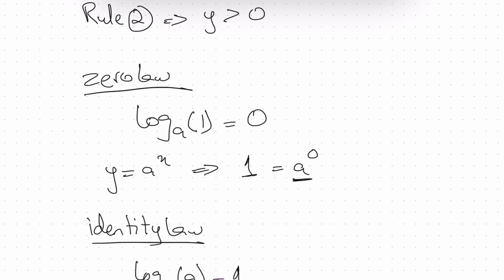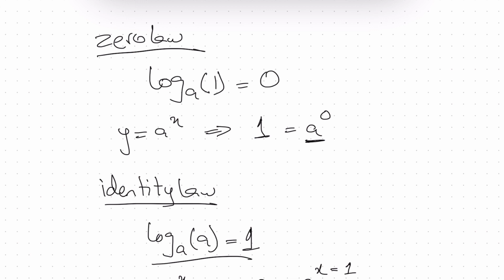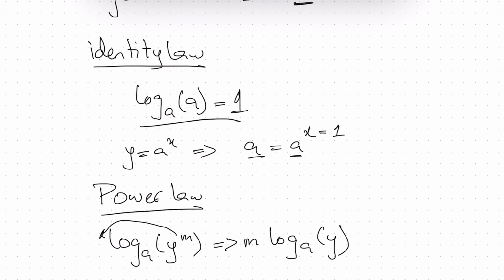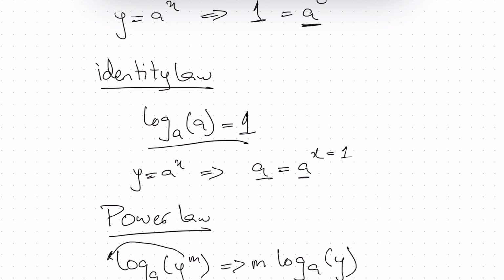Then we started with the zero law, which states that log base a of 1 is equal to 0. We saw an example where y equals a power x: if y is 1, it means the power is 0, because anything to the power 0 is equal to 1. Then we had the identity law, which states that when the base and the number are equal, the power is going to be 1, because anything to the power 1 is itself.